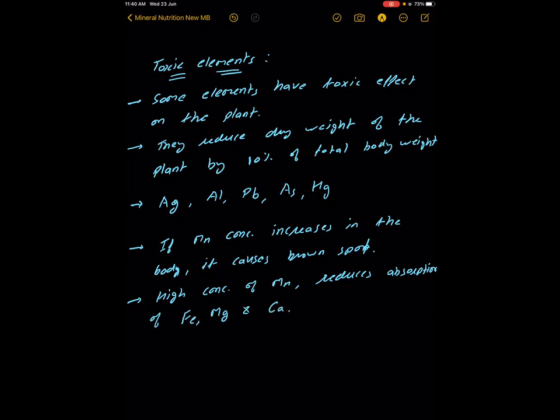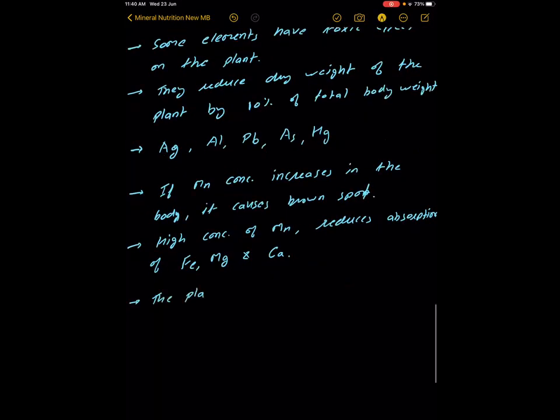If manganese concentration increases in the body, it causes brown spots. So first of all, its own characteristic is here: its higher concentration causes brown spot.